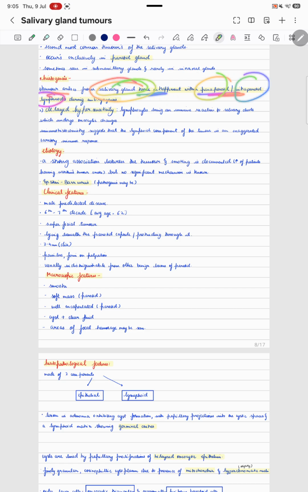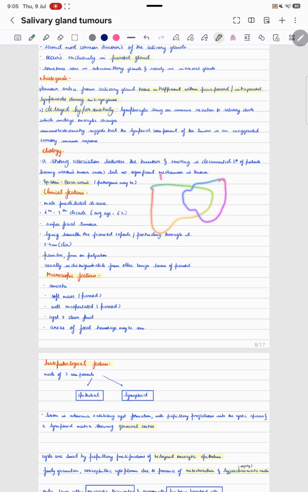Basically, let's just say this is the salivary gland, and it is getting entrapped in the lymph nodes. This is your Warthin's tumor. This is just a histogenesis theory which states that the tumor arises from the salivary gland tissue entrapment within the paraparotid or the intraparotid lymph nodes during embryogenesis.